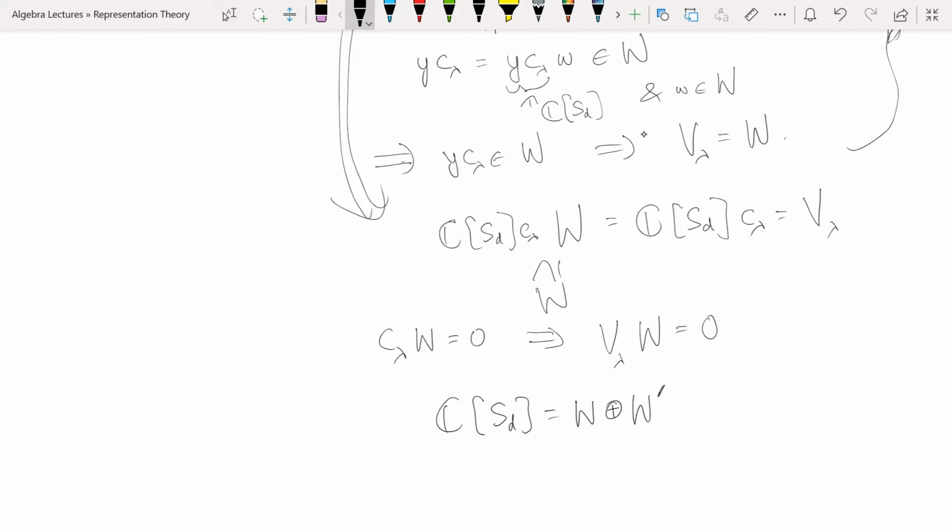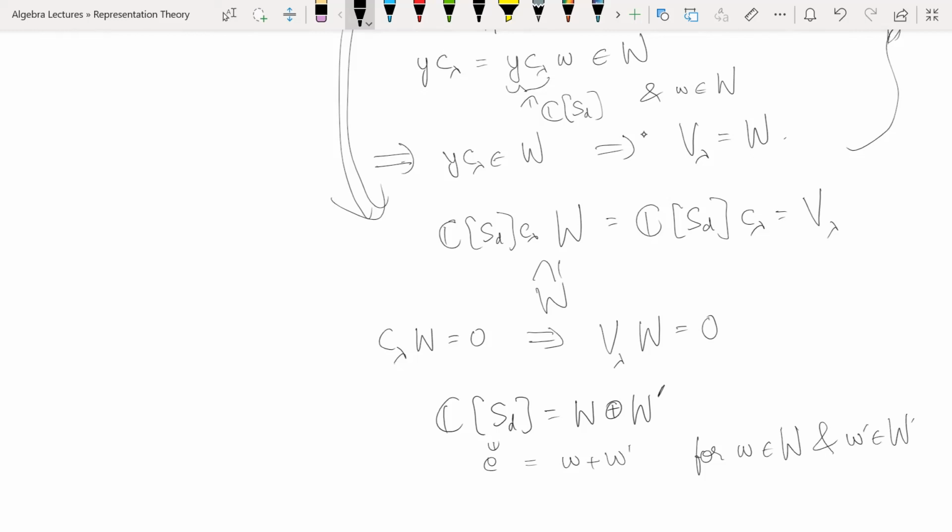So you take identity here, then you can write it as W uniquely, in fact, as W plus W prime, for W in W and W prime in capital W prime. Uniquely.